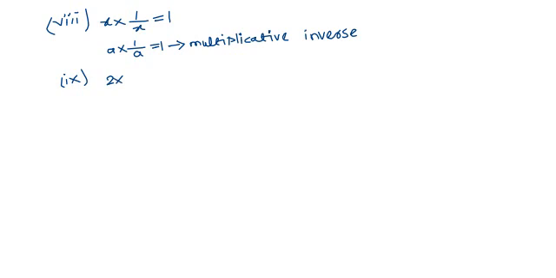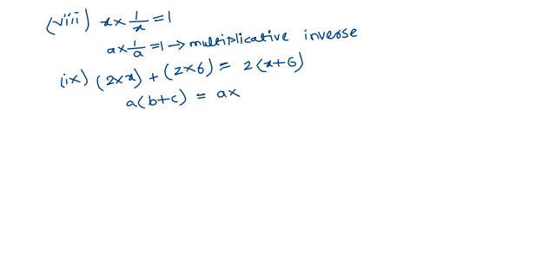Distributive property. a of b plus c is equal to a into b plus a into c, which we discussed. So now I will write the name of this one: distributive property.